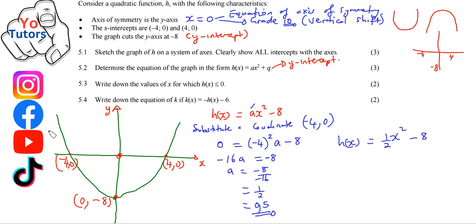Now, where is it less than 0? We see that h of x is less than 0 in this region here. So that's where h of x is less than 0. Let's use h of x less than or equal to 0 is from this point here to this point here. Let's just use red here. So that's where our graph is less than 0.